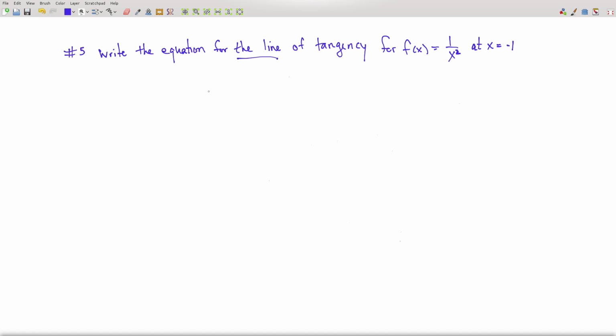How will we do that? Well, one important thing to know is that there is a way of writing the equation of a line when you know a point on the line and you know its slope. So here's what it is. y equals the slope times the quantity x minus an x coordinate, plus the y coordinate.